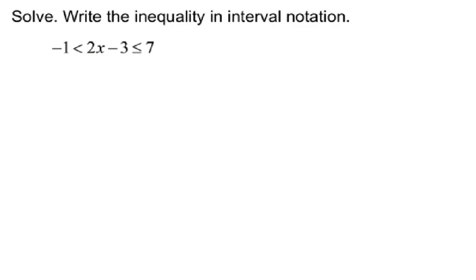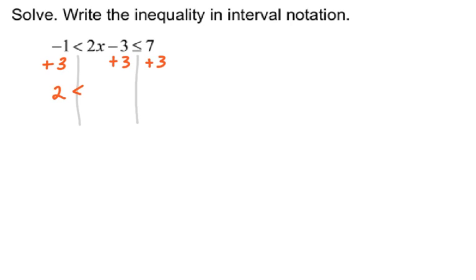So if I start over treating this like I have a wall here, I may choose to add 3 to each side, if you will, of this inequality. So that gives me 2 is less than, I'm left with 2x in the middle, is less than 10.